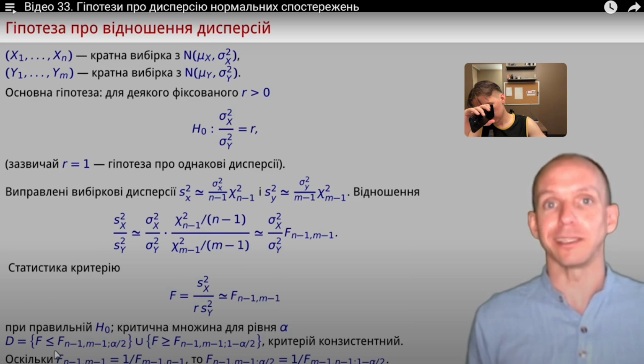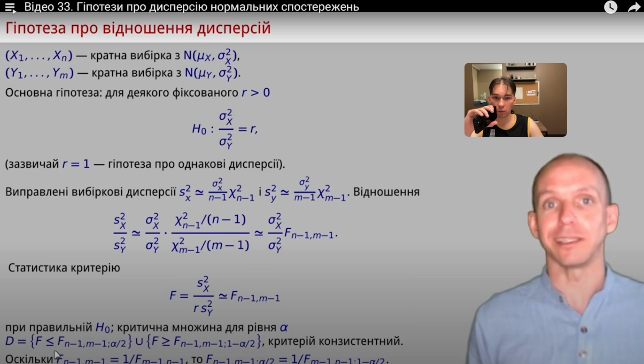The same goes for our second sample y. This is exactly the same thing. We only change indexes: m minus 1, chi squared m minus 1.